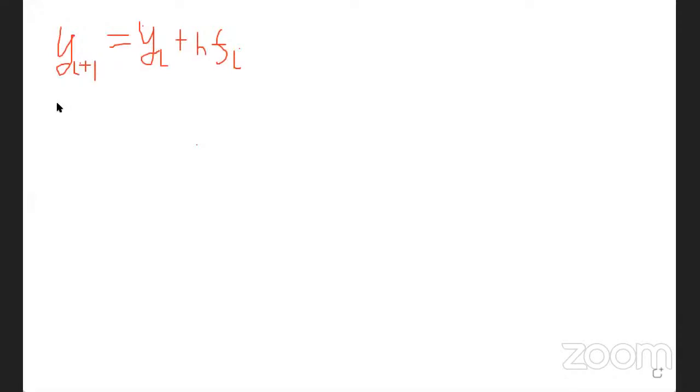So in the second case, y i plus 1 is equal to y i plus h times f at x i plus 1 and y i plus 1.